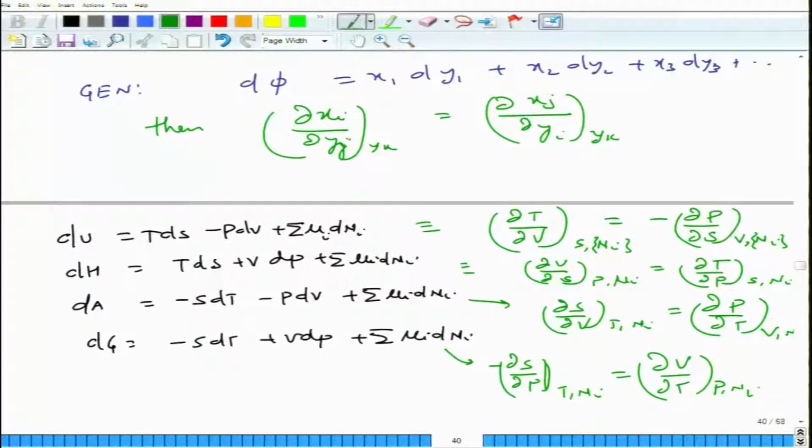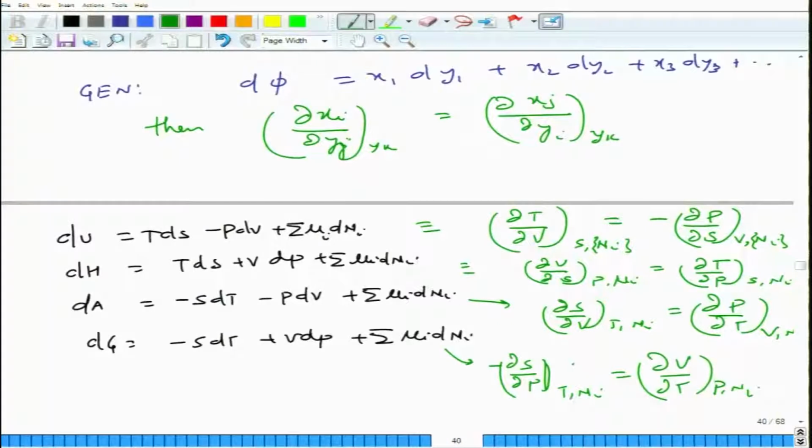These two terms are quite important. If you look at the last two Maxwell relations, they relate the entropy to the PVT data, and PVT data you can extract from experiment. So this is why they become very important expressions for us.